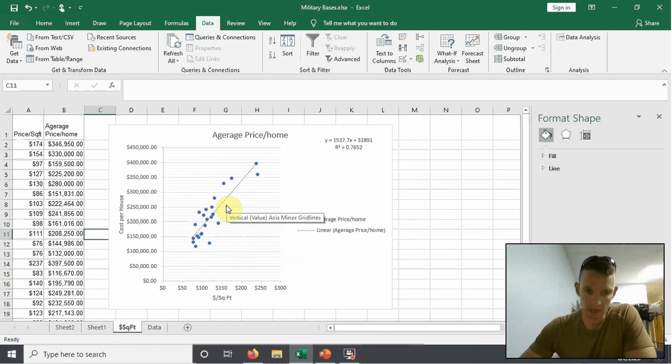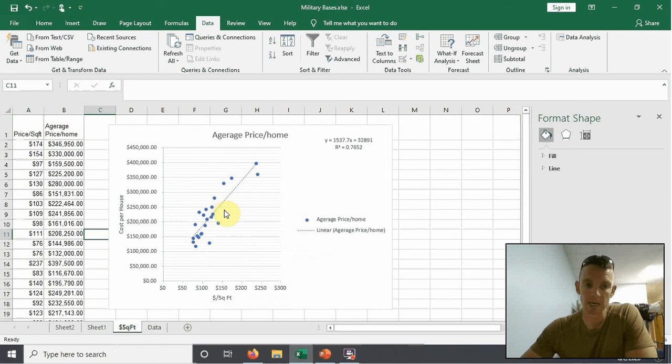So if we wanted to calculate how much a house at 150 square feet would actually cost on average, it would be about $275,000, because that's about where that line is at. Now, with your standard error, you're 3,000 something, 39,000 above and below that line.